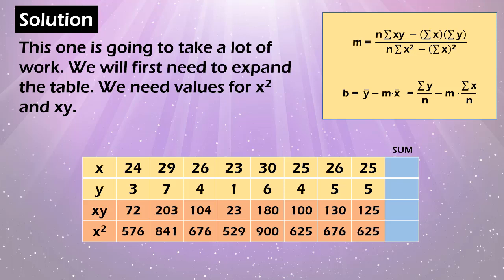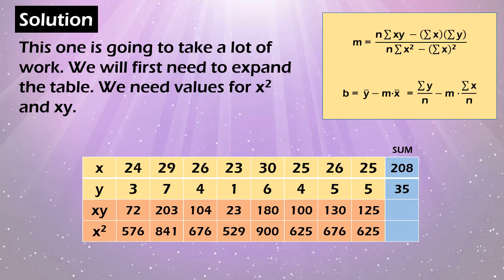Then we'll add up each row. For the x's, the sum of 24, 29, 26, 23, 30, 25, 26, and 25 is 208. For the y row, 3 plus 7 plus 4 plus 1 plus 6 plus 4 plus 5 plus 5 is 35.